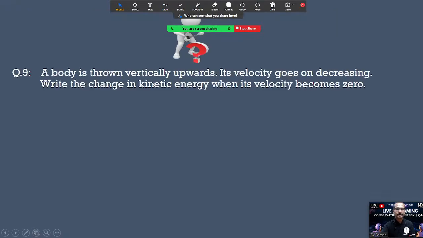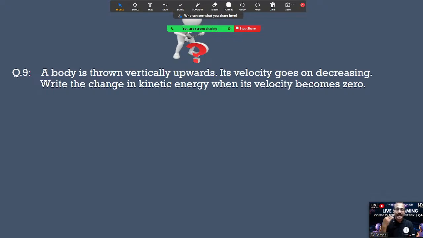Next question. A body is thrown vertically upwards. Its velocity goes on decreasing. Write the change in kinetic energy when its velocity becomes 0. Once thrown vertically upwards, what happens? At the height h, the final velocity will be 0.